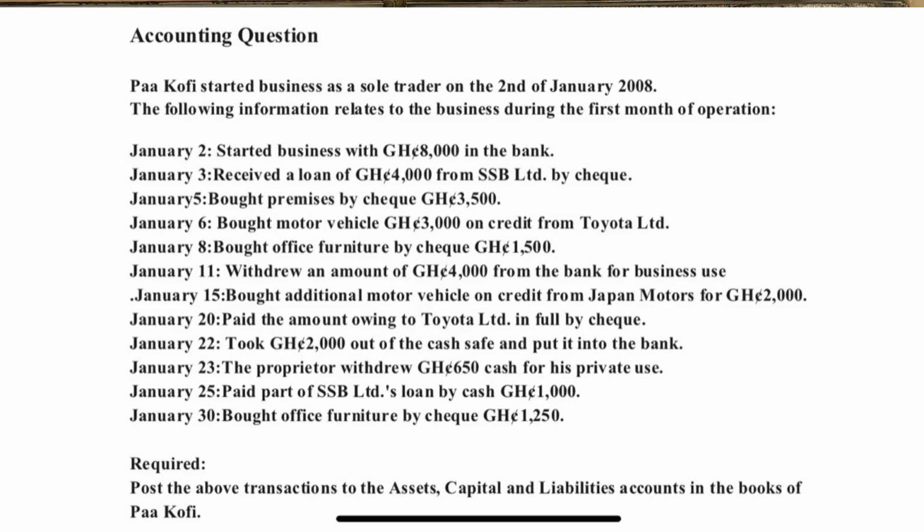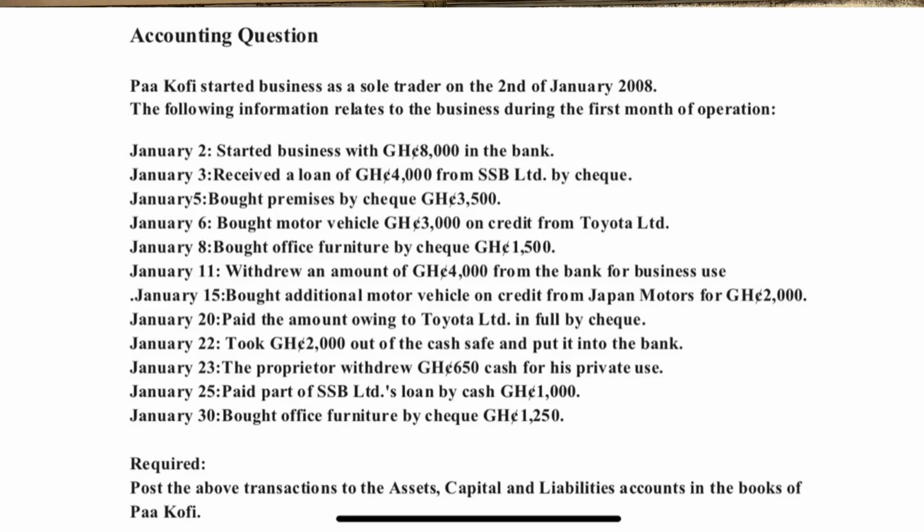Illustration 1. Pa Kofi started business as a sole trader on the 2nd of January 2008. The following information relates to the business during the first month. We are going to try our hands on it. January 2nd, started business with 8,000 Ghana cedis in the bank.